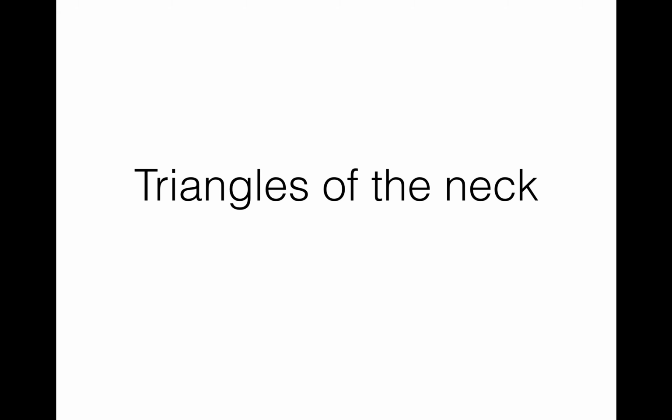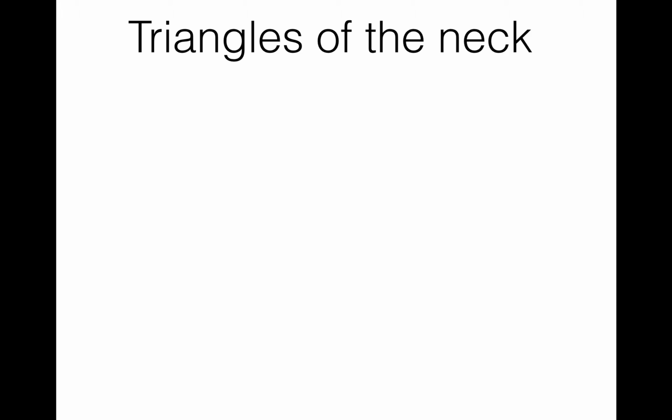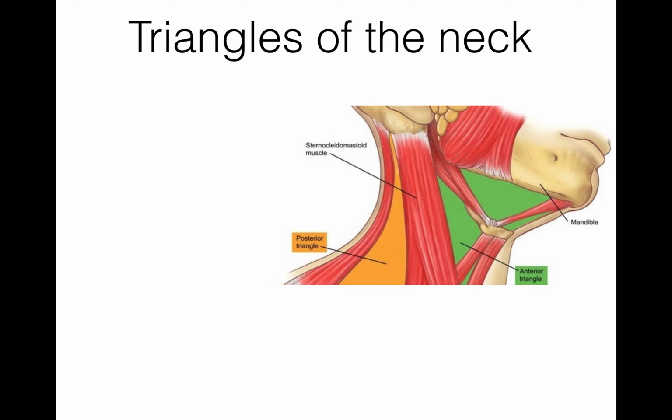So during this video we are going to talk about the triangles of the neck. We will see what those triangles are, and the boundaries as well as the contents of these triangles. The triangles of the neck are mainly of two types, the anterior triangle and the posterior triangle.